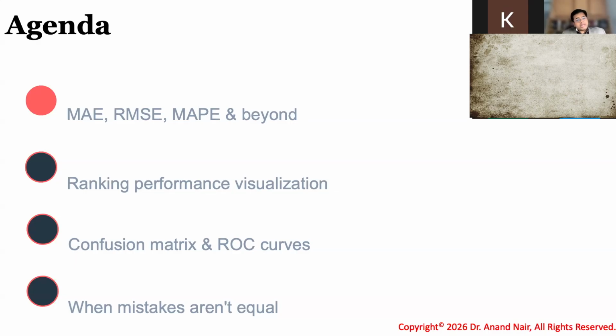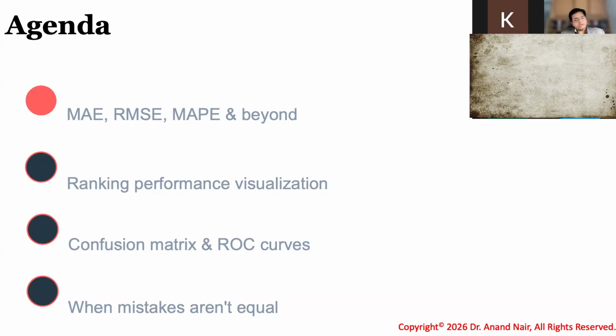Then we will also look at how we visualize some of this performance. Can we rank order them? Sometimes just looking at a metric is not enough. We would like to see how this entire performance is visualized and whether we can rank order them. The idea of confusion matrix, what that means, receiver operating characteristic curves, ROC curves, what that is and how that can be helpful.